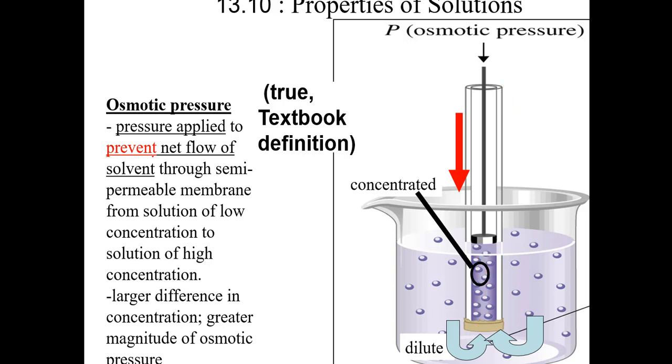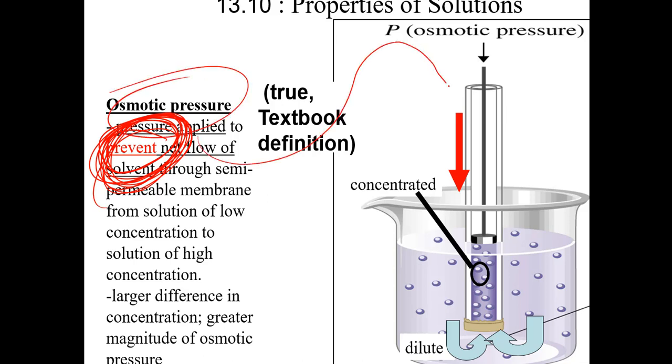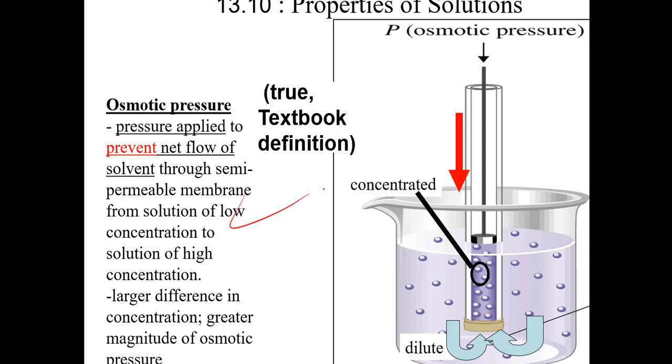So it's the pressure applied to prevent the net flow of solvent. So that's the official textbook definition, allowing us to measure osmotic pressure. So make sure you have this definition down and memorized, or be able to recognize it at least.